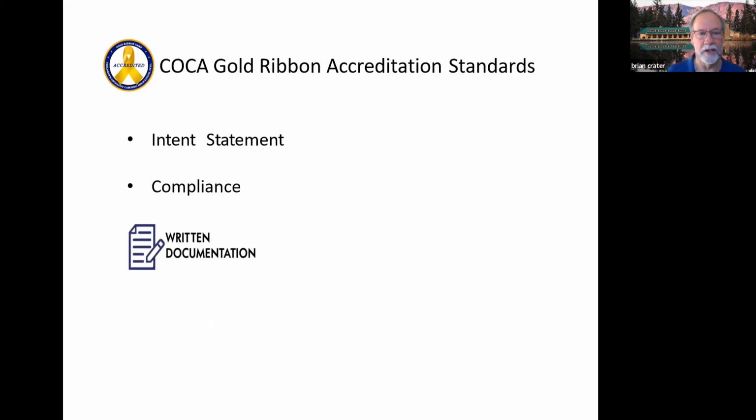Within those standards, it's important for visitors and also for the camps to take a look not just at the standard statement, but also the intent. The intent provides guidance with regards to what we are asking of the camp, as long as it applies. So for a visitor, make sure that those pieces are also addressed with regards to compliance and observation or written documentation. So be aware of those intent statements as well.